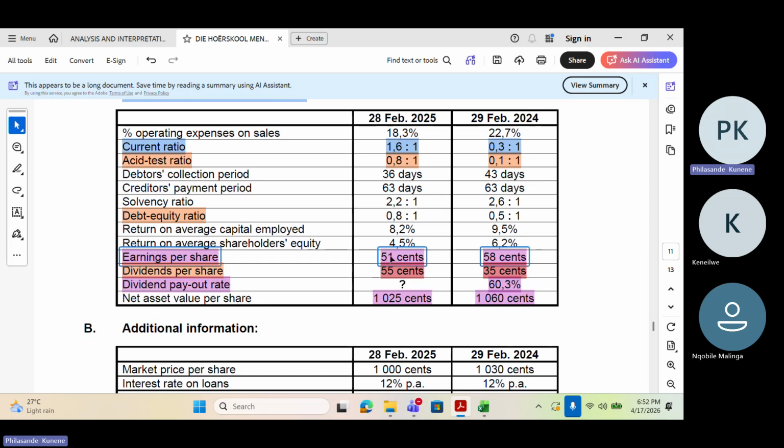It is earning 51 cents, but they're paying 55 cents to the shareholders as dividends. Definitely the 4 cents difference, they got it from retained income. And we know very well that retained income is for future expansion of the business. So now, how are we going to expand if we're taking money and paying it to shareholders? It's a very wrong decision.